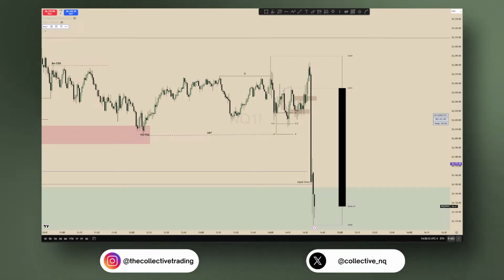This retracement would be nice. It is out of the 4-hour gap, but I would pretty much discount this 4-hour gap, expecting it to get ran.